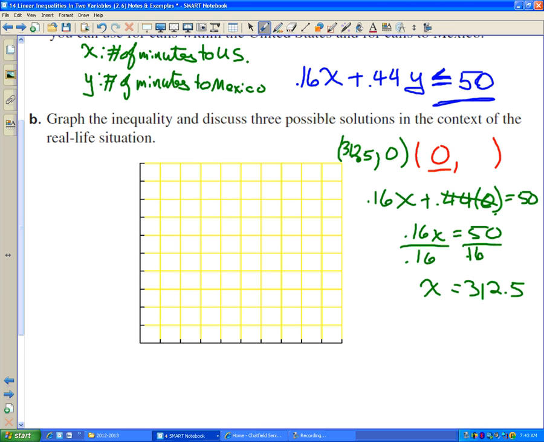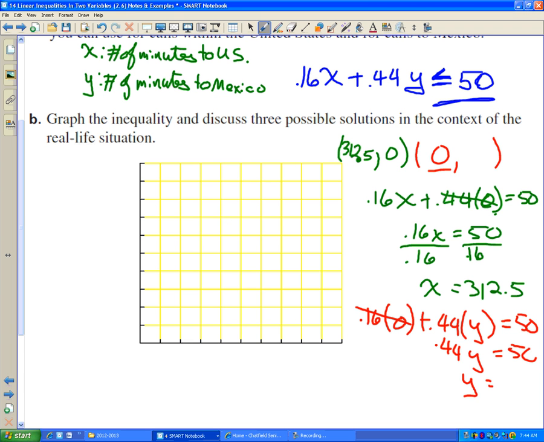Let's plug in 0 and find my y-intercept. I'm going to say 0.16 times 0 plus 0.44 times y is equal to 50. This is 0, so 0.44y is equal to 50. Divide both sides by 0.44.